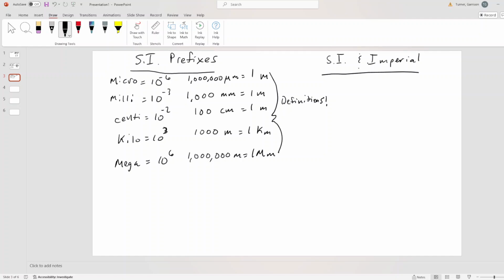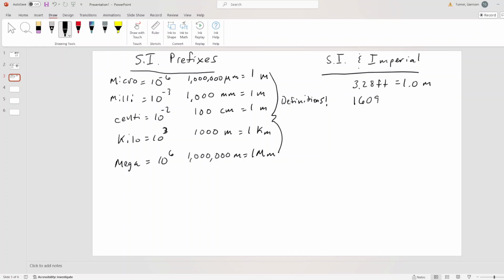Okay? So these definitions, or I shouldn't say definitions, these conversions are going to be measured. Okay, so when we say that there are 3.28 feet in 1 meter, what we mean is to within 3 significant figures. Okay, the actual number, you can measure this out to however many decimals you would like, as long as you have a precise enough or accurate enough measuring device. But for most cases, 3 significant figures, especially in this particular course, is going to be fine.